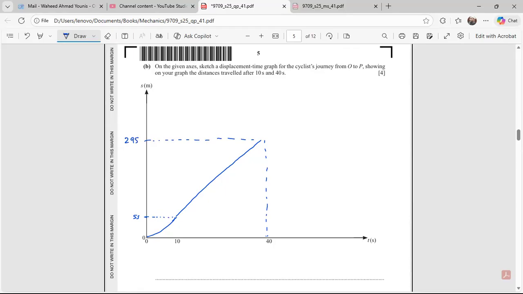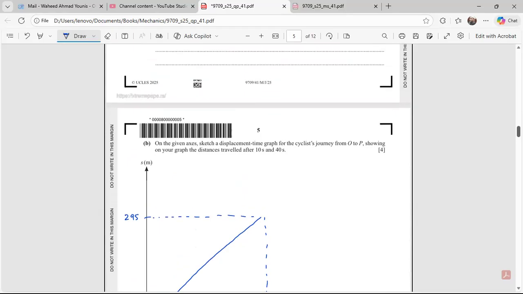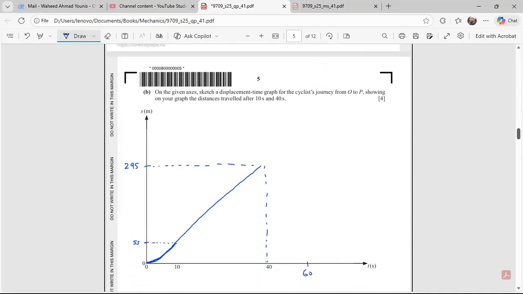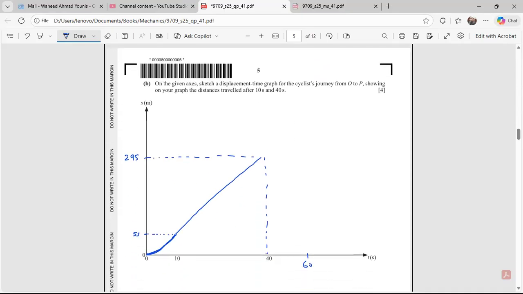Okay, so here we have a curve, and here it is a straight line. Okay, from 40 to 60, right? To 60, I just want to make sure. Yeah, 60. It is 375. Also, now, in this last 20 seconds, it was decelerating. So the rate of increase of the distance is slowly decreasing. Okay.